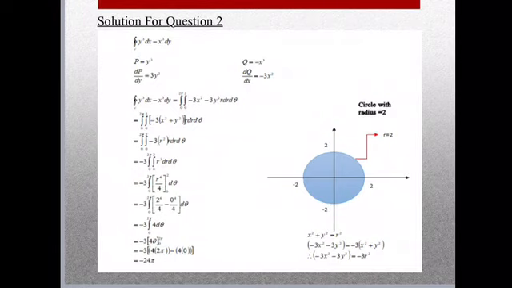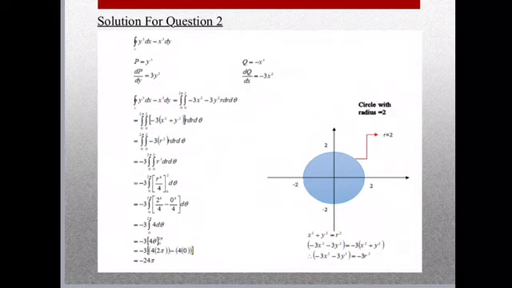Then we integrate r cubed, which will give us r to the fourth over 4, and then we substitute the limits for r, which are 0 and 2, which will give us the value of 4.